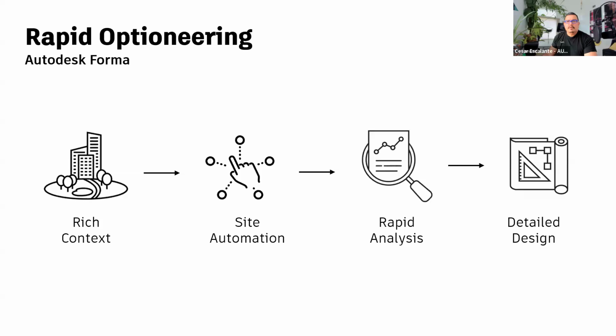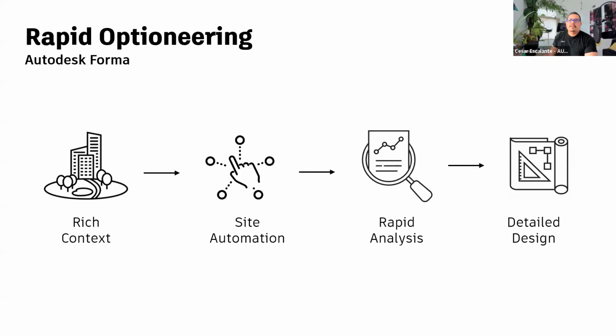Then using a generative design algorithm, it provides you the ability to rapidly create and analyze multiple design site options based on user-defined parameters, allowing you to explore much faster and more comprehensively different design options.